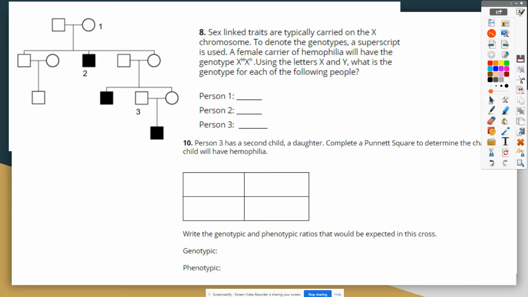Boards up in 5, 4, 3, 2, 1. If you drew a filled-in square and a filled-in circle, you earned a point.